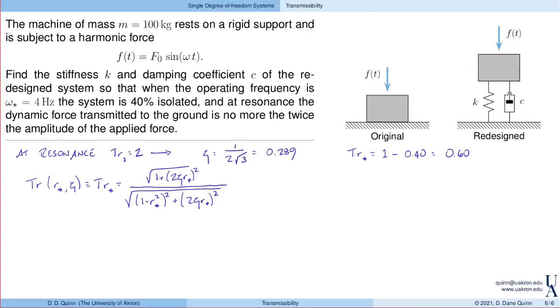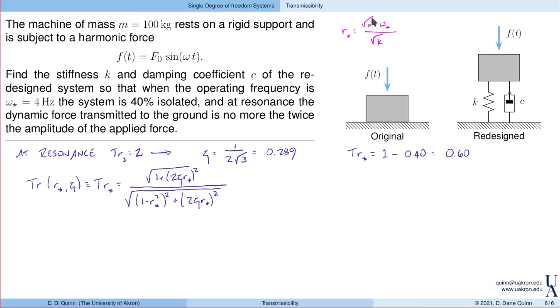And I will remind you that the frequency ratio is the square root of m times omega star divided by the square root of k. So this frequency ratio depends on the system parameters, and in particular here, it depends on the stiffness that we're going to design to.